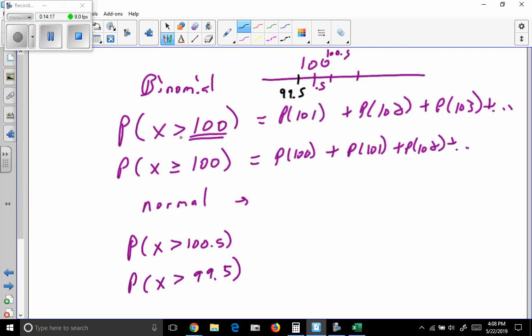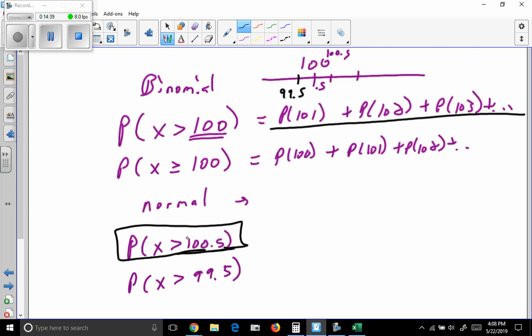Notice if we're looking for the probability that x is greater than 100, binomially speaking, that starts at 101, then goes to 102, then 103. So a half unit less than 101 would be 100.5. So this is the probability, normally speaking, that would correspond to that one.